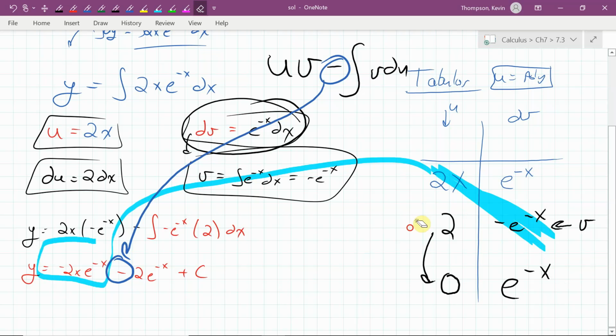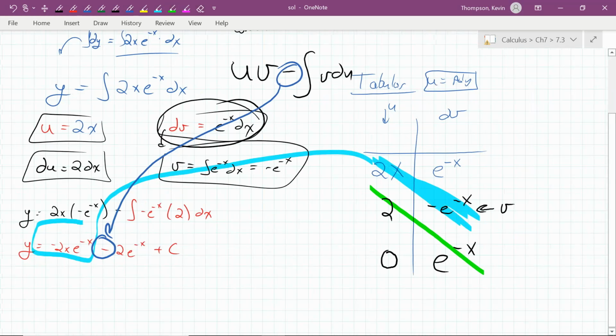If you want to use the tabular method, you're actually looking at these diagonal products. The first product has a sign associated with it of a plus, is what I usually say. We're going to subtract this term, whatever it is. This subtraction comes from the subtraction in the integration by parts formula right here.